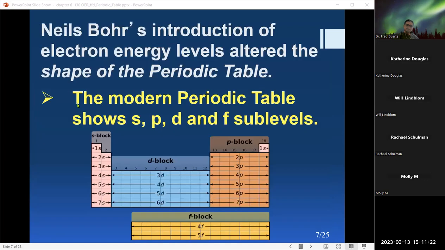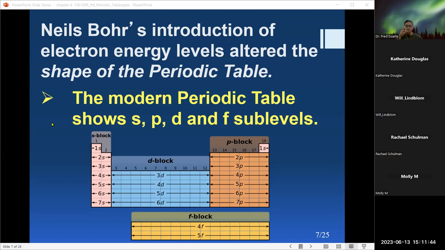All right, so we had talked about this earlier where we said Niels Bohr introduced the idea about electrons occupying different energy levels, specifically the sublevels of orbitals, the S, P, D, and the F orbitals or sublevels.